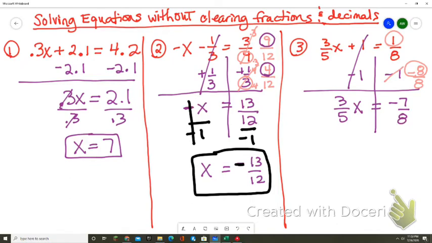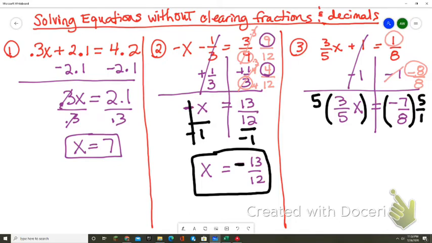So now I have to undo the divided by 5 on this left side because I'm solving for x. So I can multiply both sides by 5. Remember, that's like 5/1.